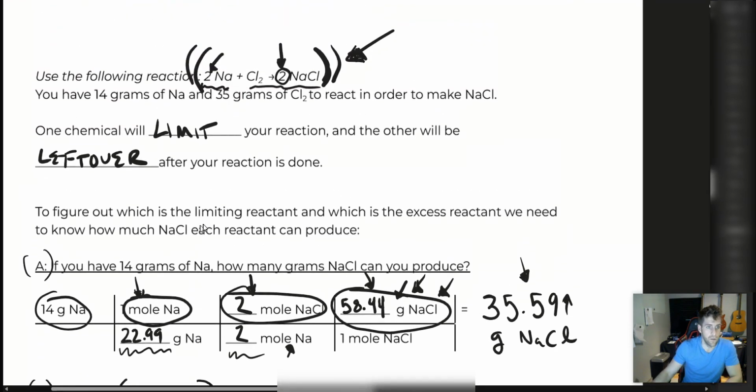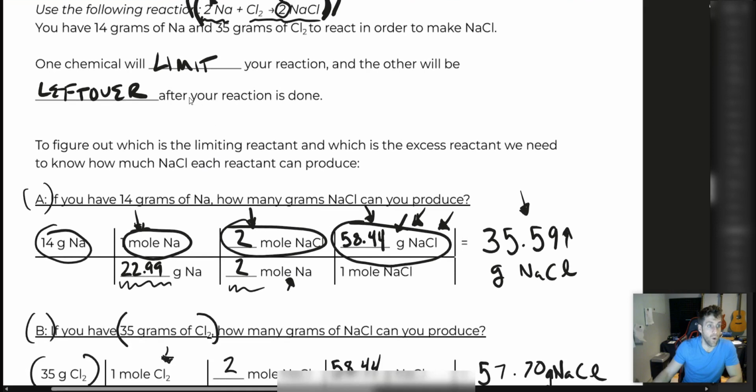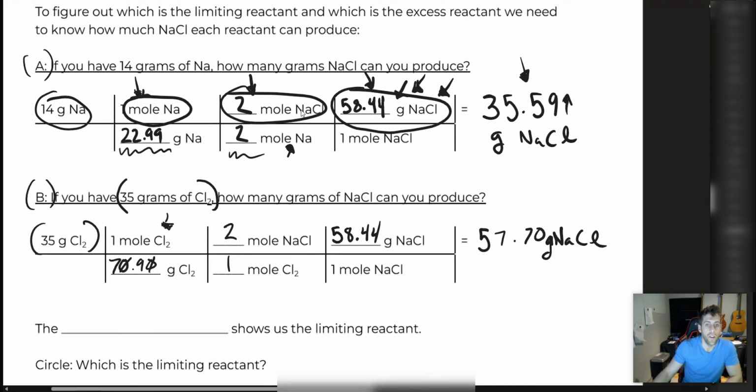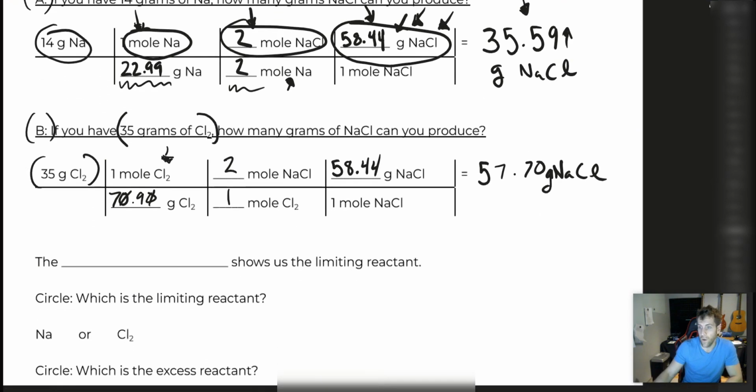Awesome. One chemical will limit your reaction, the other will be left over. Okay, yeah. So clearly, the 14 grams of sodium, or Na, is limiting us a little bit.